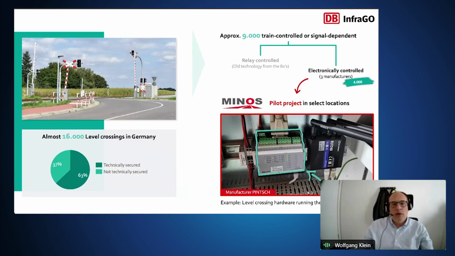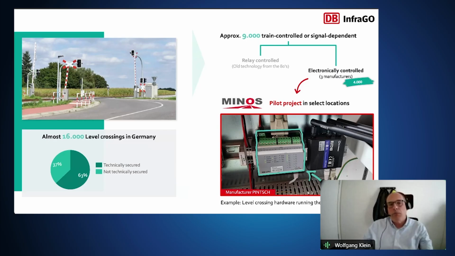That means we have an electronic device which controls the machines, and some of these are still relay controlled. This is the old technology from the 80s. The newer ones, beginning nearly in the year 2000, are electronically controlled.